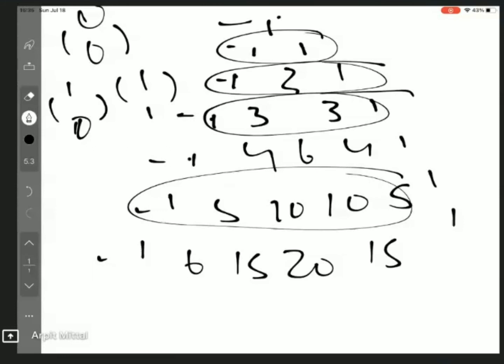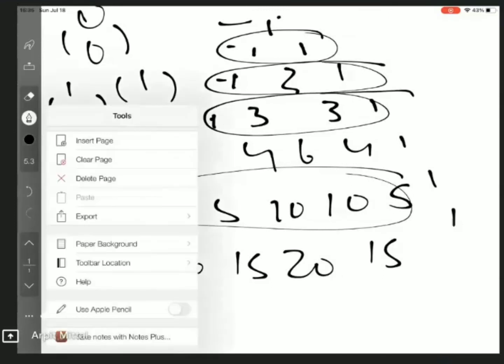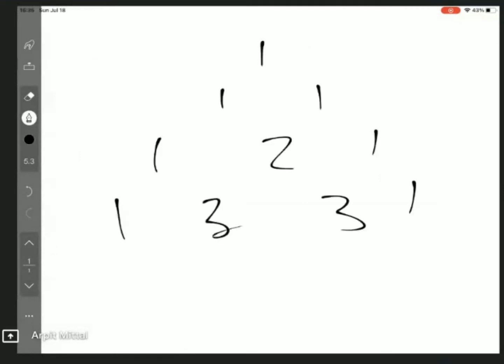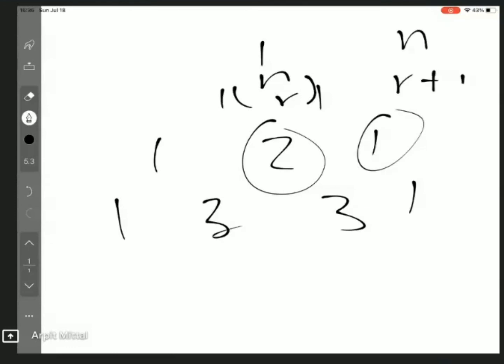We can actually get a pretty neat combinatorial identity from Pascal's triangle. Let's say this element over here is n choose r. Since the next element is right next to the previous element on the same row n, it's n choose r plus 1.